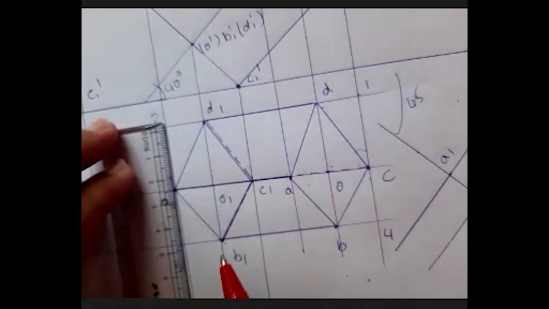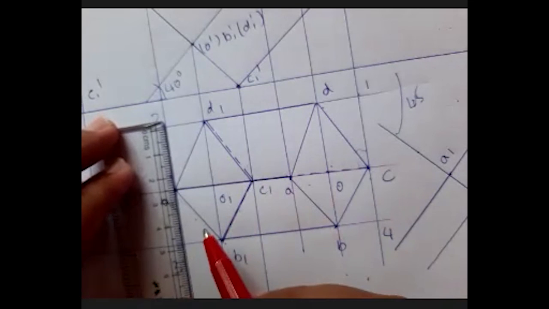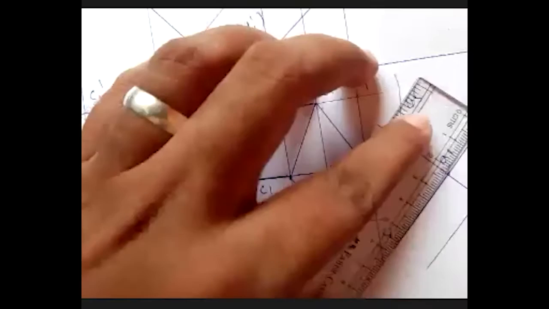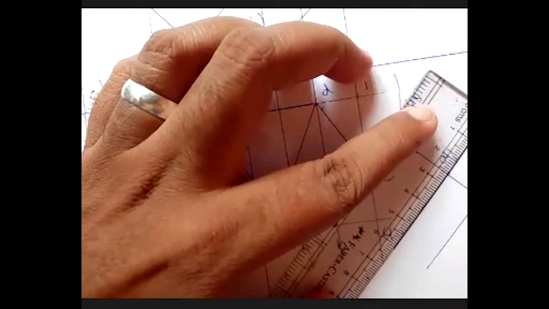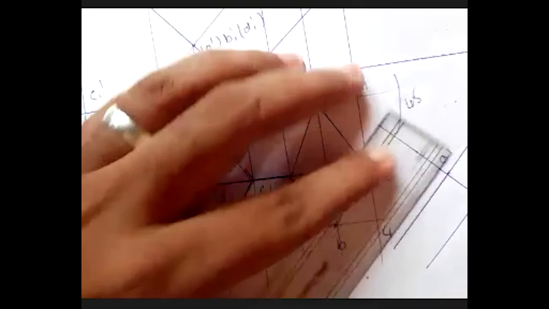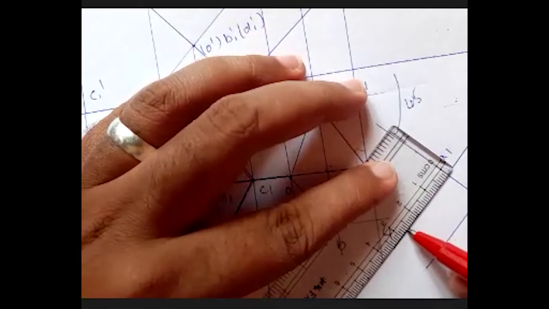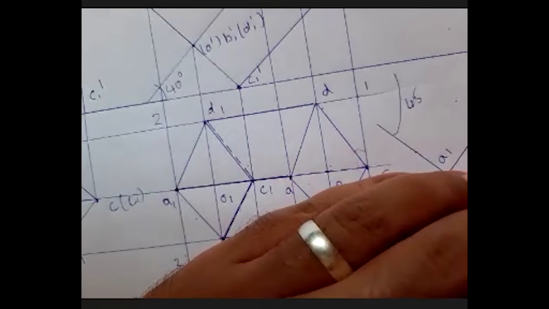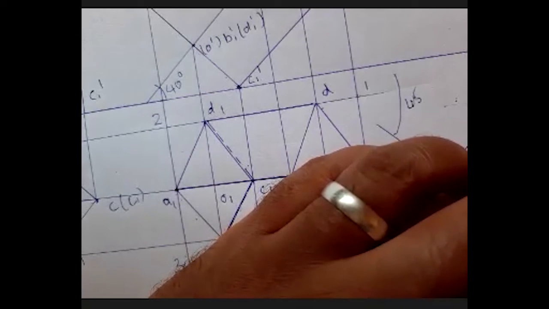It is 2.6. So 2.6 from A1 to 2, and I get a point here. So from here I get 2.6, as well as from here 2.6.